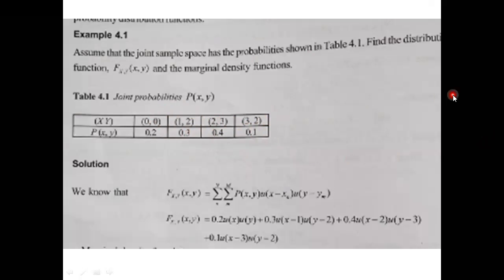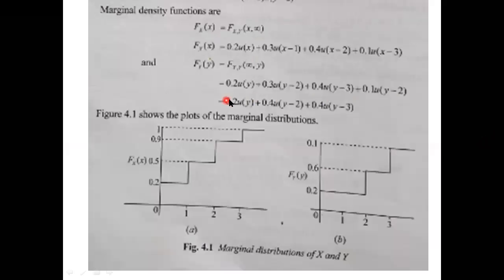Okay, so here x value is infinity. That's why we are considering only y random variable. Okay, ma? So here 0.2 u of y plus 0.3 u of y minus 2 plus 0.4 u of y minus 3 plus 0.1 u of y minus 2. If we observe the second term and fourth term here, u of y minus 2, u of y minus 2.